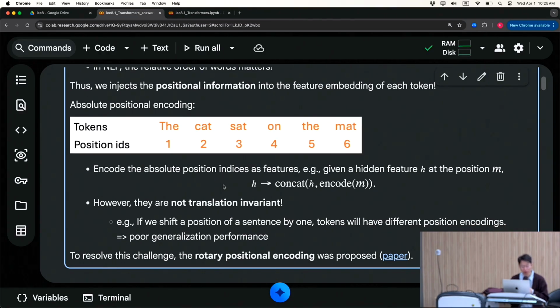But if you shift the position of a sentence by 1, different tokens will have different positional encodings. It will get shifted by 1. So from the perspective of a machine, it just sees an array of numbers, and this is just an additional combination of numbers to learn. But for us humans, it's natural. They mean the same thing.